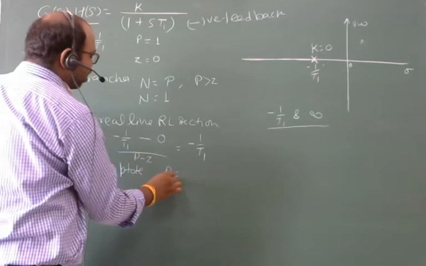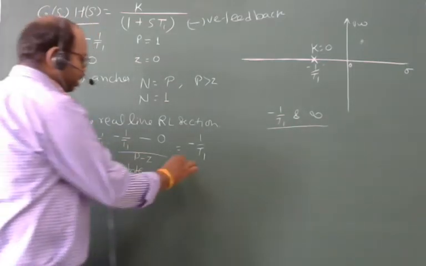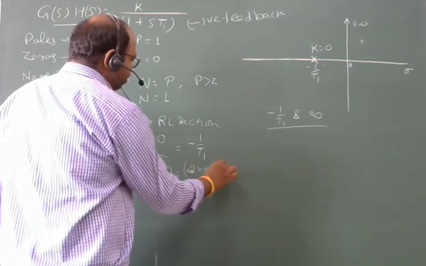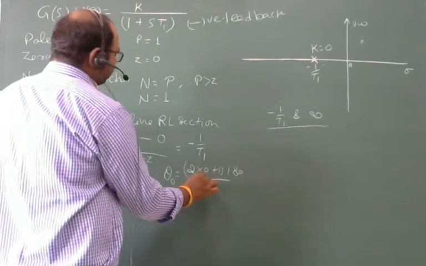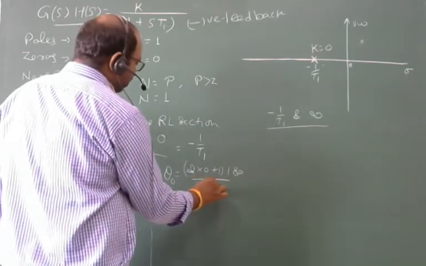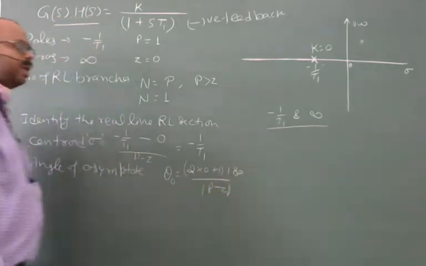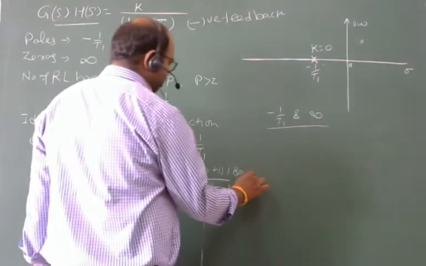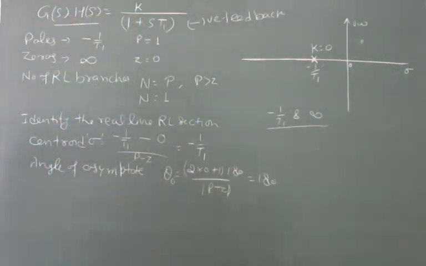So theta naught will be (2i plus 1), that is 2 into 0 plus 1, multiplied by 180 divided by modulus of p minus z. So p minus z is 1, and the angle is 180 degrees.